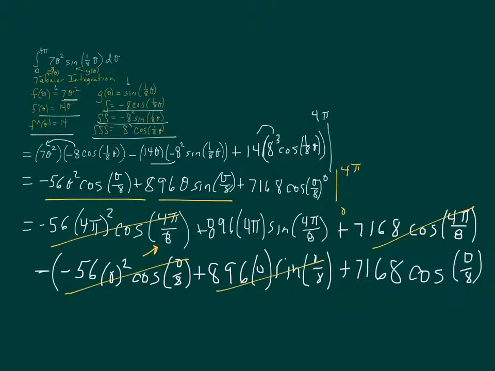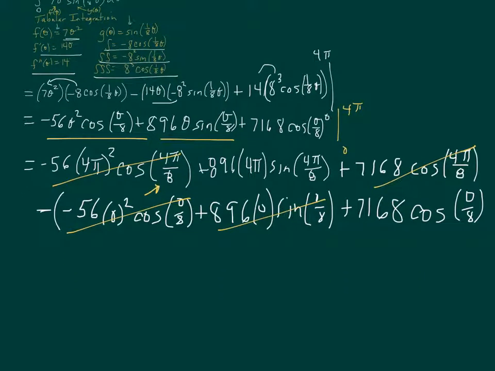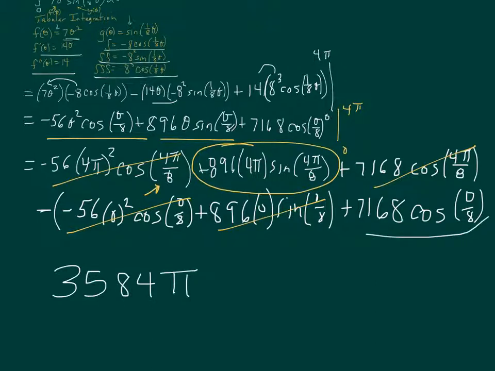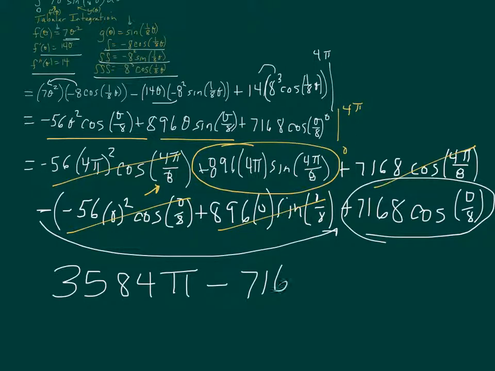So I simply end up with this piece, so 896 times 4 pi, which is 3,584 pi. This piece, cosine of 0 is 1, so, and don't forget your minus sign here, so minus 7168.